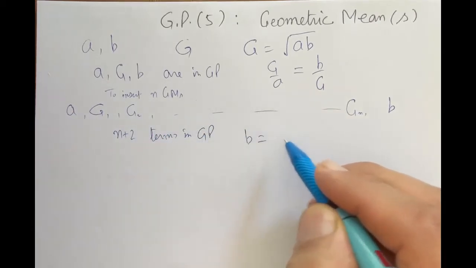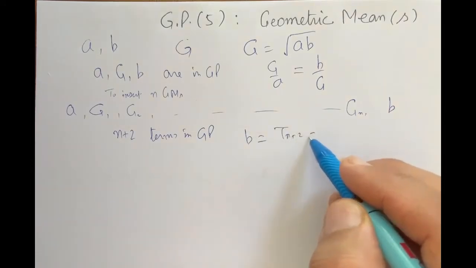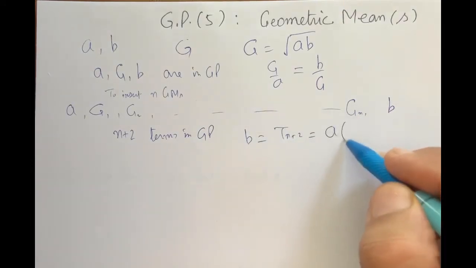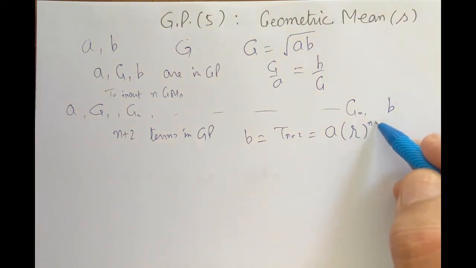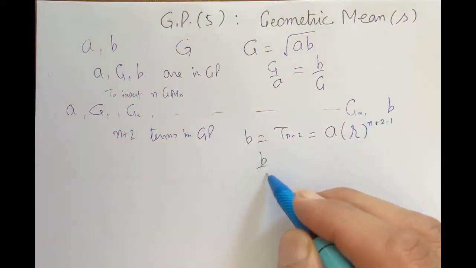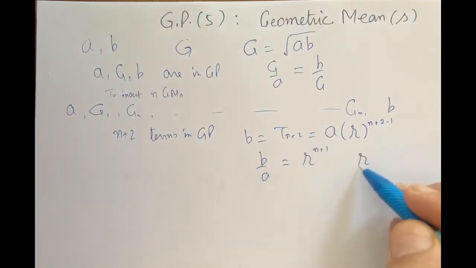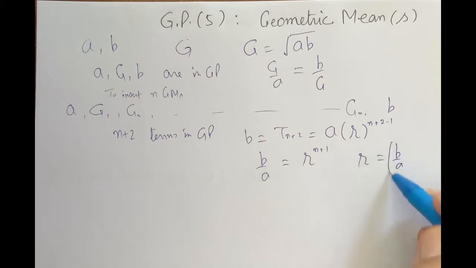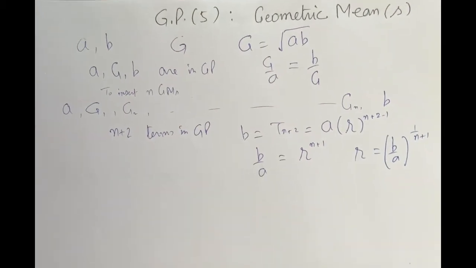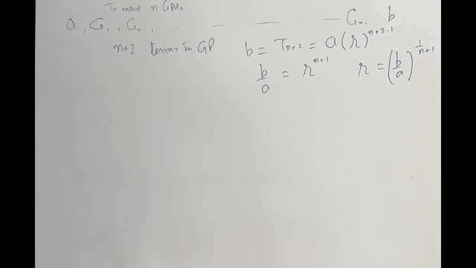And what is b? b is term number n plus 2. It's a into r raised to n plus 2 minus 1, or b upon a is equal to r raised to n plus 1, or r is b upon a whole raised to 1 by n plus 1. So this way we can find out the common ratio of the GP.